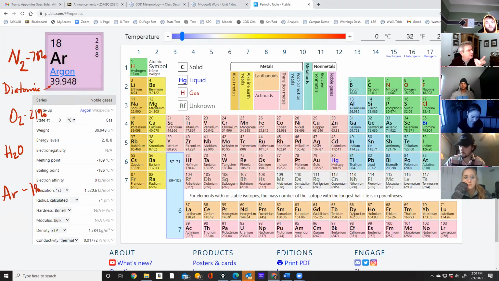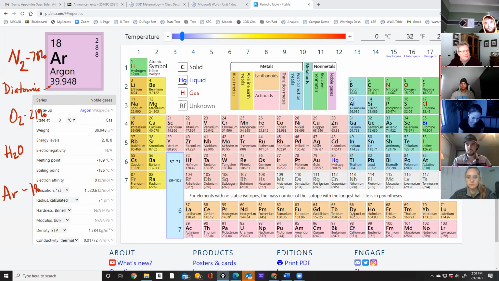It's kind of heavy. But do you know anything about the gases that are over here in this column? Are those the noble gases? Those gases are called noble gases: helium, neon, argon, krypton, xenon, radon.